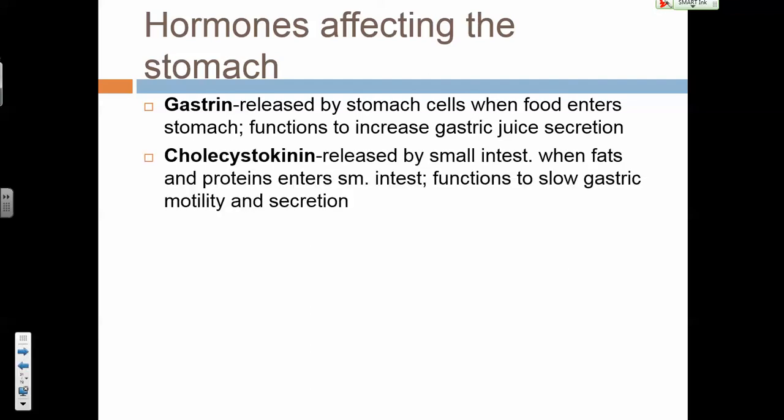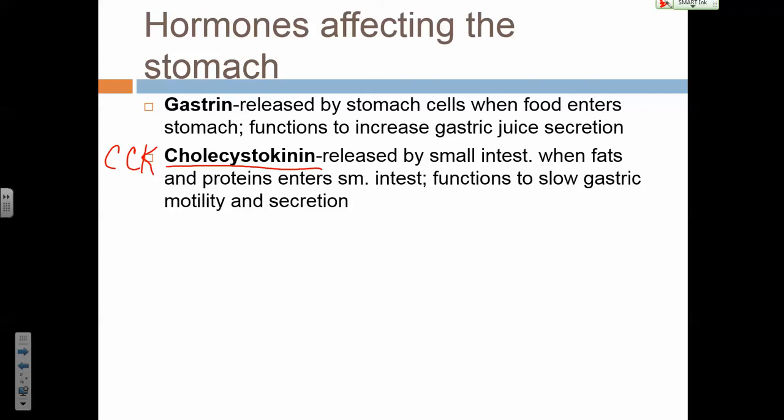Okay? And then this hormone you're going to get real familiar with. It has target cells all throughout the digestive tract. One of the places is in the stomach. But it's called cholecystokinin. In your book, in a lot of the diagrams, they abbreviate it as CCK, but it's cholecystokinin.